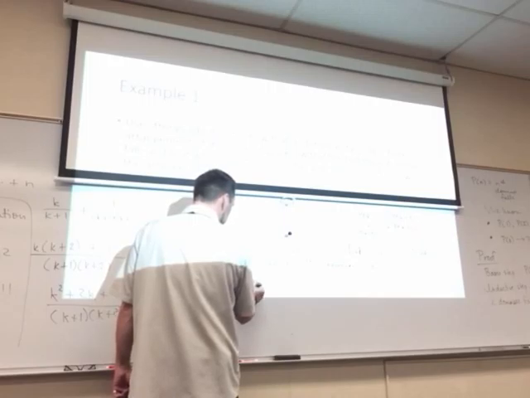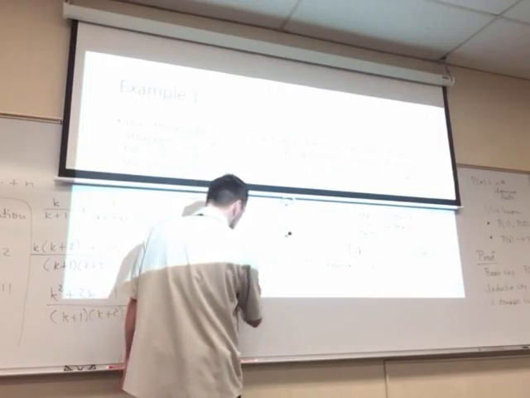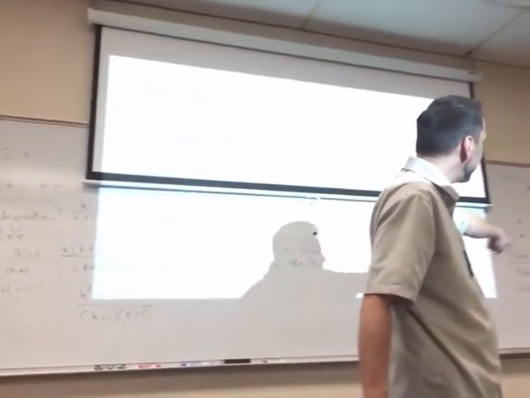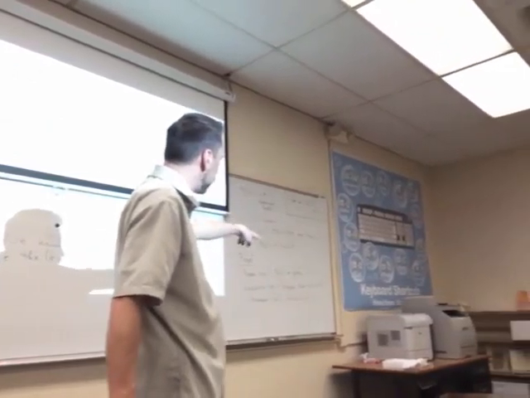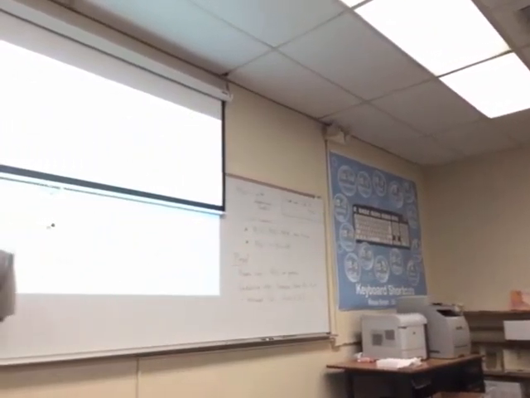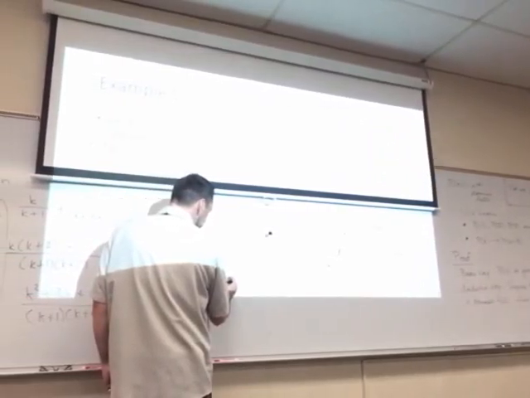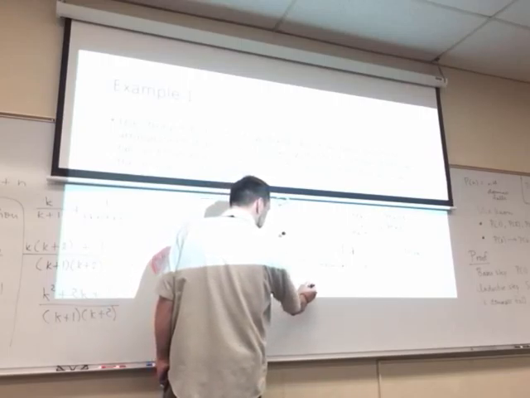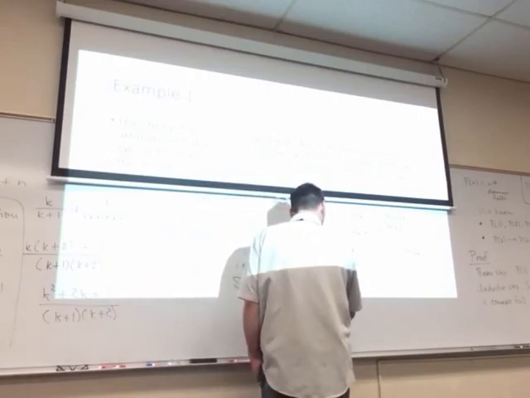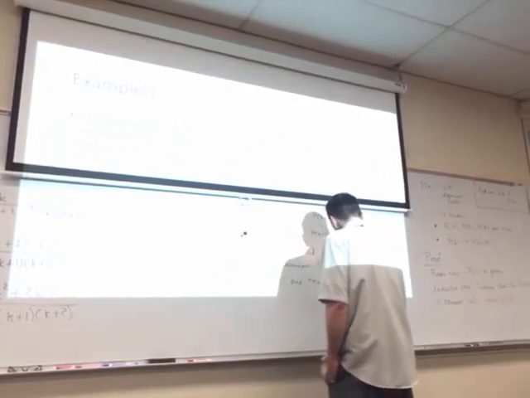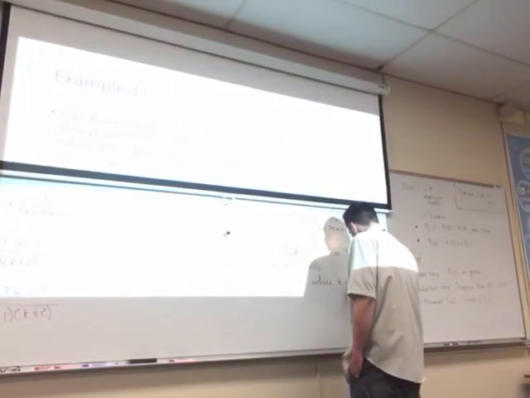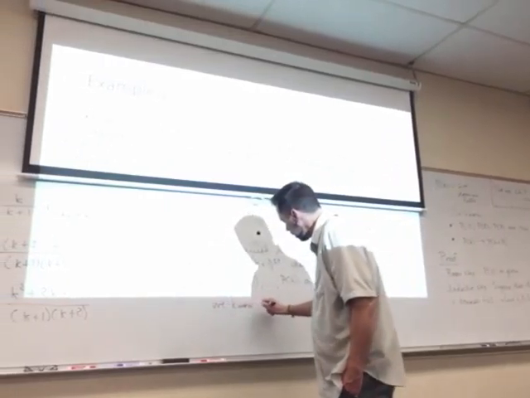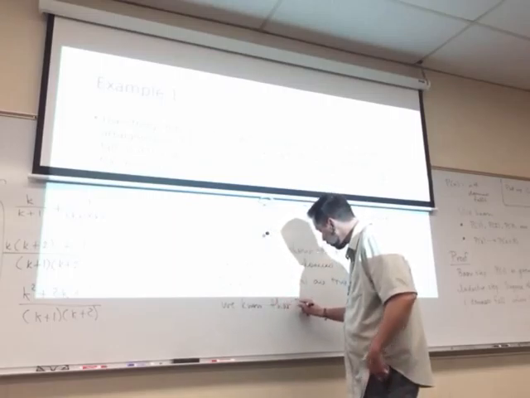Since, let me see. We're assuming that the first k dominoes fall from 1 through k, where k is at least 3. Since P of 1 through P of k are true, where k is at least 3, we know that P of k minus 2 is true.